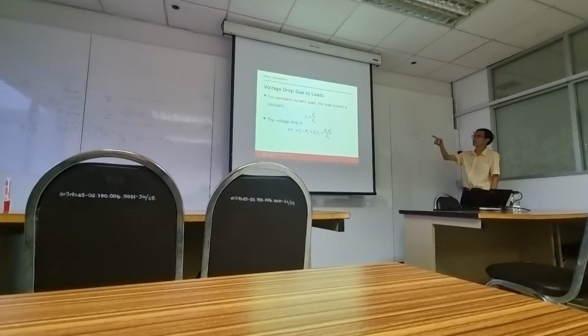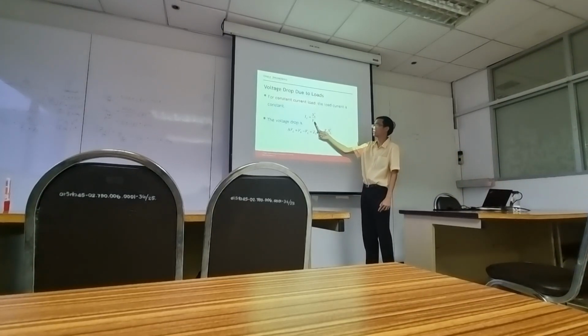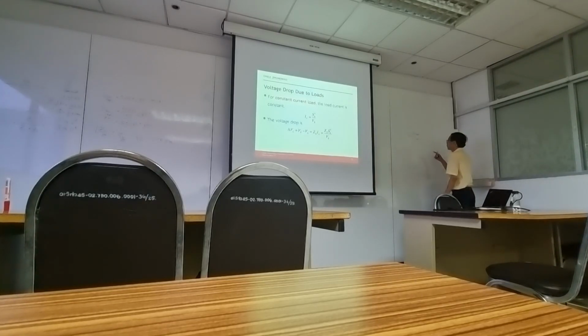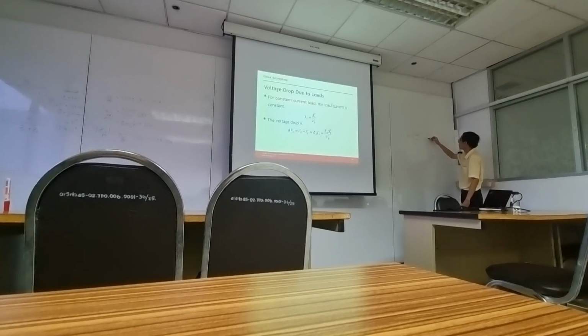So I load equals S conjugate divided by V. When we talk about load, usually we will say that the nominal voltage is the same. Nominal voltage is 12.47 kilovolt, for example, and then this P is 10 kilowatt, and then this Q is 2 kilowatt, the same as that load.